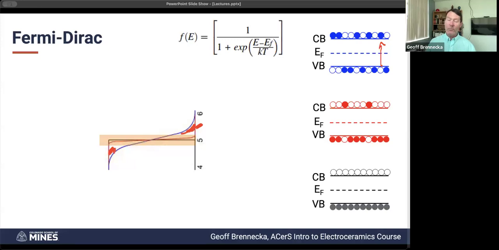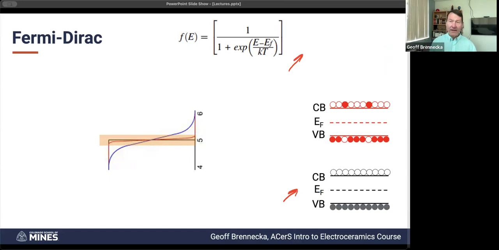So as we heat things up, we can change the number of electrons that are available in that conduction band. And so, as you can probably guess from the name, it's the electrons in the conduction band that actually lead to conductivity. So this material with a bunch of electrons in the conduction band is going to be far more conductive than this one that doesn't have any in the conduction band.